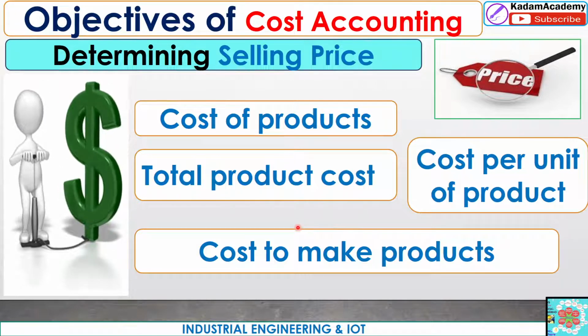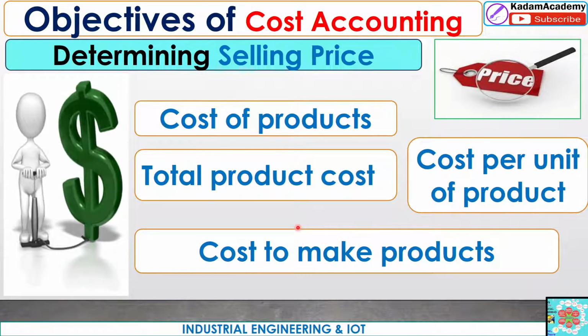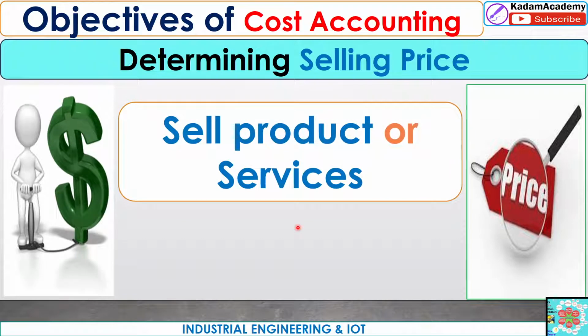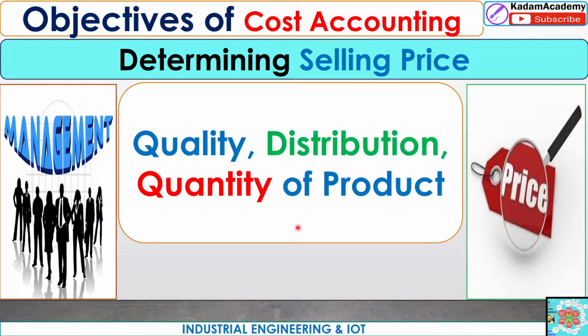Other factors such as the quality of the product, condition of the market, and area of distribution, and the quantity of product that can be supplied are also to be given consideration by the management before deciding the selling price. This is how you can calculate the selling price. These are the things you have to consider while calculating the cost of products.